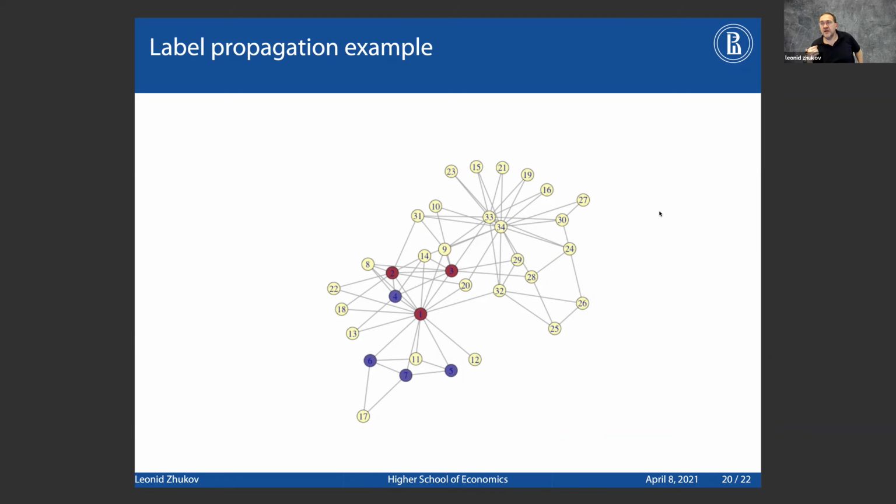And that's exactly why sometimes you don't want labels to be fixed, but you might allow them to change a little bit. When you run this algorithm, that's what it does. It kind of makes red dominate in this case. I guess it just happened because of nodes 2 and 3. The whole thing got severely red.